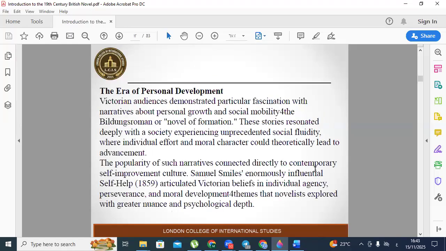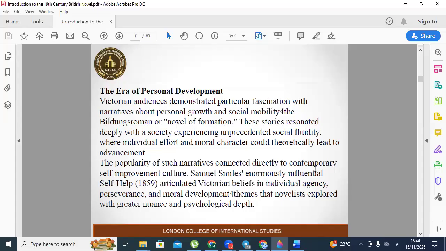The era of personal development. Victorian audiences demonstrated particular fascination with narratives about personal growth and social mobility. The Bildungsroman, or novel of formation. These stories resonated deeply with a society experiencing unprecedented social fluidity, where individual effort and moral character could theoretically lead to advancement.